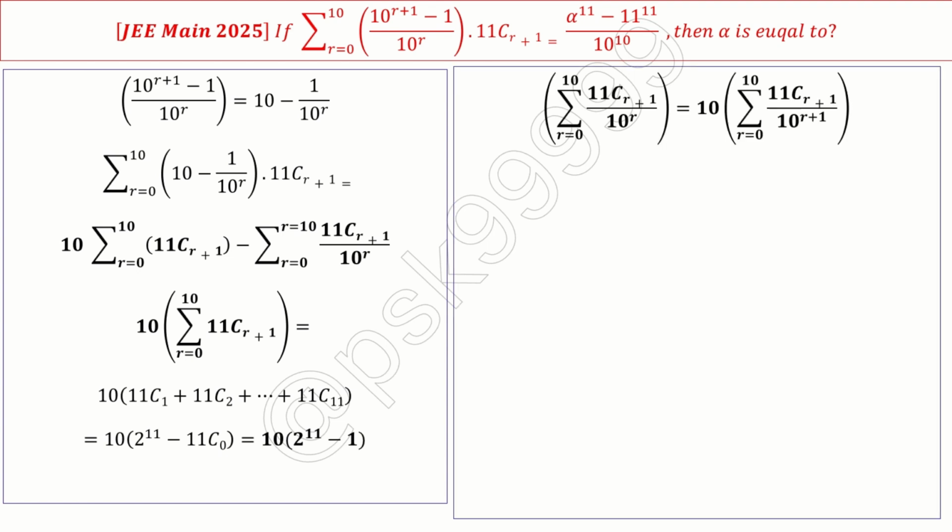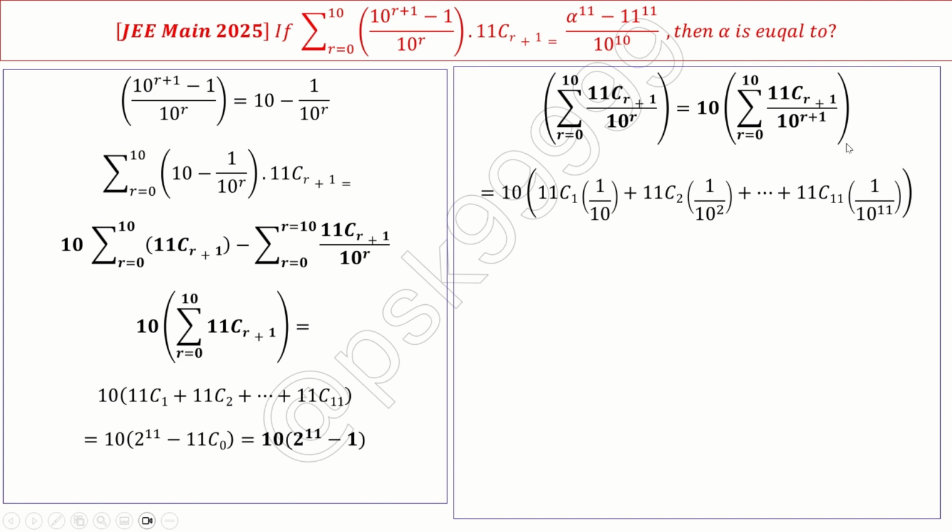Let's take the second term. Second term is sigma of 11C(r+1) divided by 10^r. I will take that 10 out, multiplying and dividing by 10, numerator and denominator. So 10 is outside, and the denominator will become 10^(r+1). Now if I expand, this is nothing but 10 times (11C1 (1/10) + 11C2 (1/10^2) + up to 11C11 (1/10^11)). The only term missing is 11C0 (1/10^0), correct?